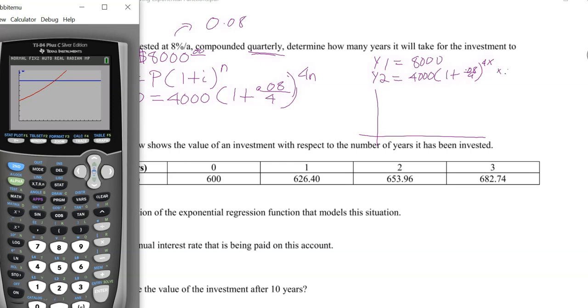My x window, I said, was 0 to 20 by 1s. My y window was 0 to 10,000 by 1,000. The graph looks like this. There's y1. There's y2. We're going to go second, calc, intersect. So we're interested in the x coordinate. We know the y value, it's 8,000. Right? We're interested in the x. That'll tell us how many years.